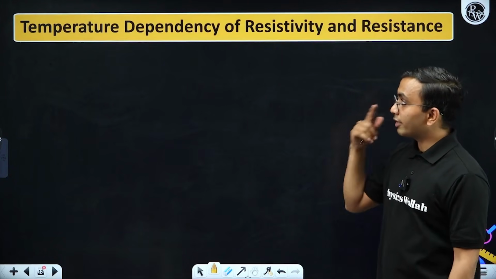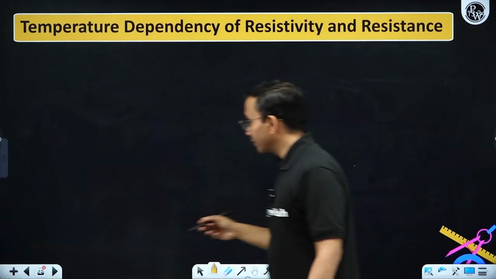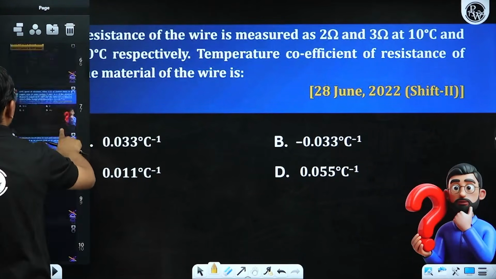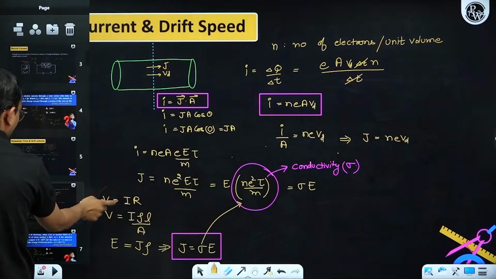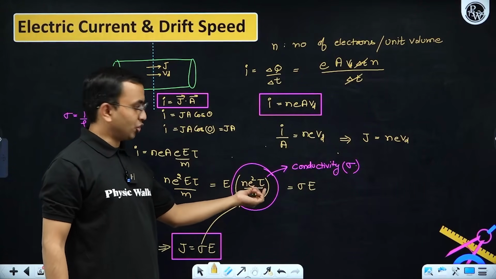Resistivity will increase. Now one more way you can understand this is from the formula we mentioned previously for resistivity and conductivity. From here, this is my conductivity. Tau is relaxation time.